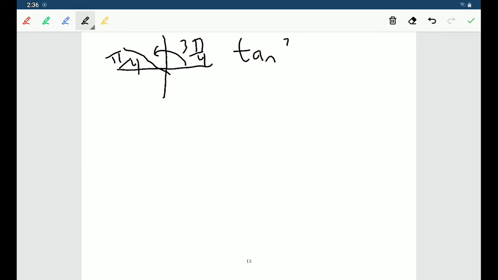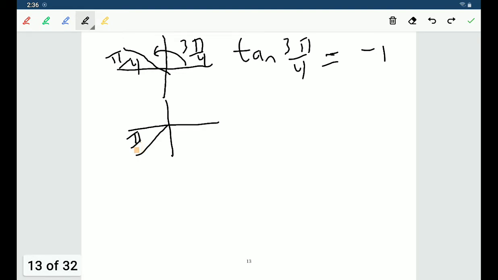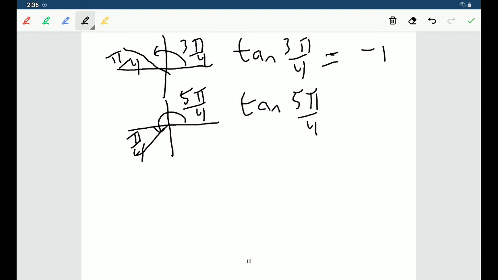So tangent of 3 pi over 4, that would be where tangent is -1. We also have in quadrant 3, where the reference angle is pi over 4, the angle would be 5 pi over 4, and that would be where tangent is +1.